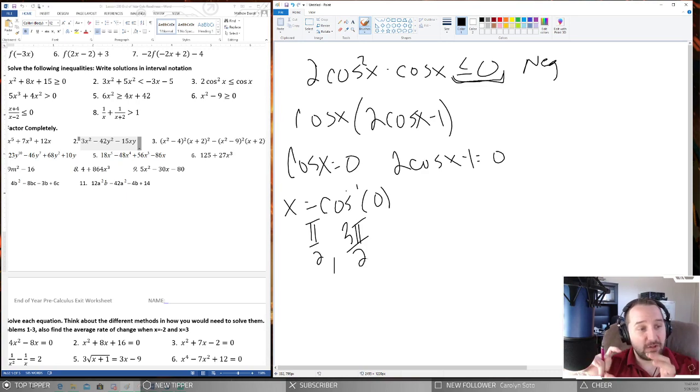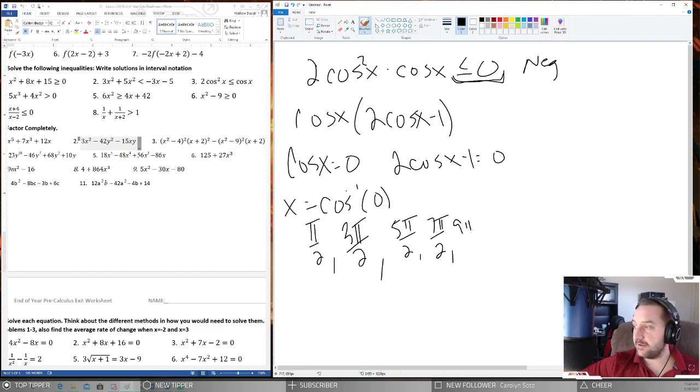I'm not saying only find the values between 0 and 2 pi. So technically, it's going to keep going and going. If it's at pi halves and I go all the way around again, that's going to be 5 pi halves. And then 7 pi halves, and then 9 pi halves, and then 11 pi halves. It's going to keep going and going and going. Wow, that's messy.